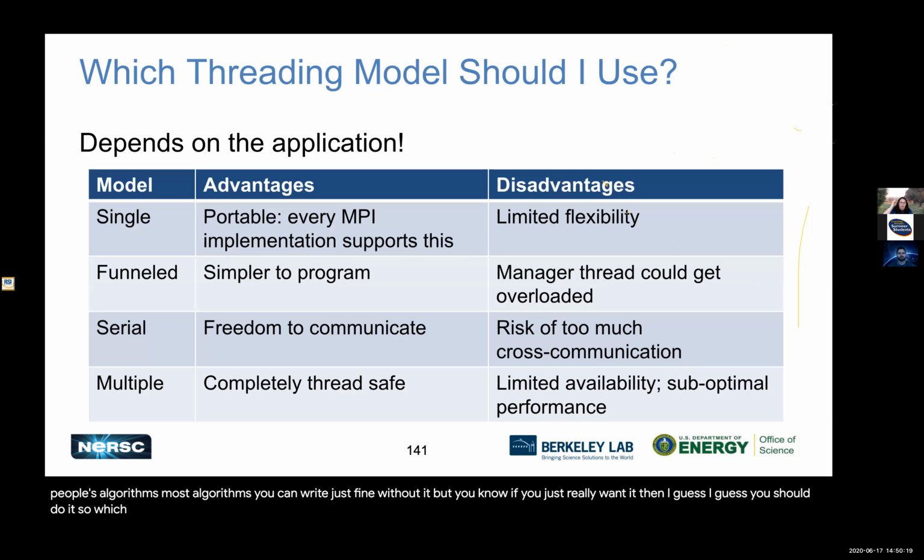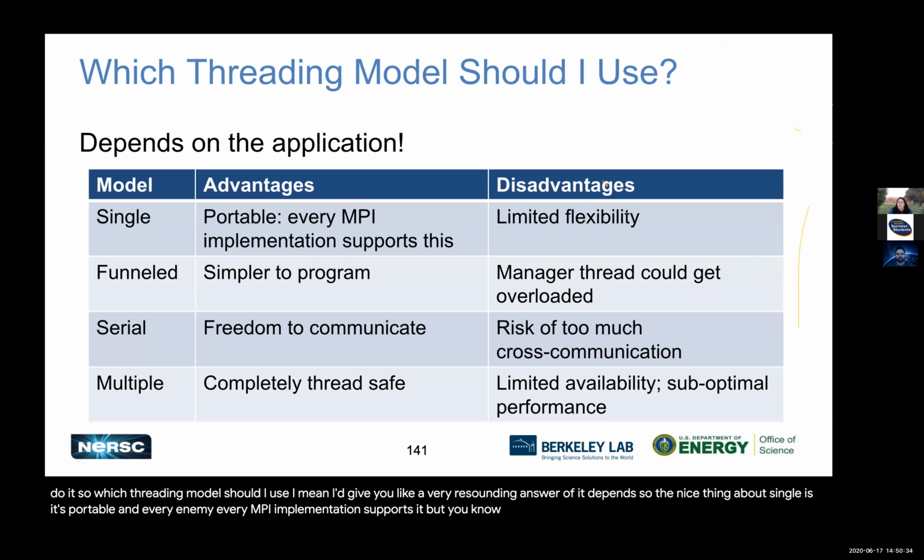So which threading model should I use? I'd give you a very resounding answer of it depends. The nice thing about single is it's portable and every MPI implementation supports it, but you have some limits on your flexibility. Funneled is pretty simple to program, but you can get concerns about the manager thread getting overloaded.